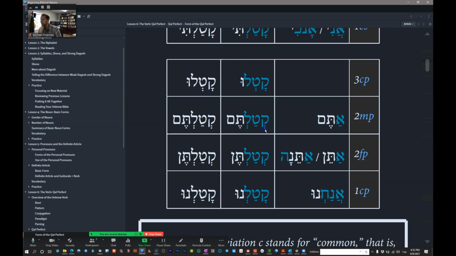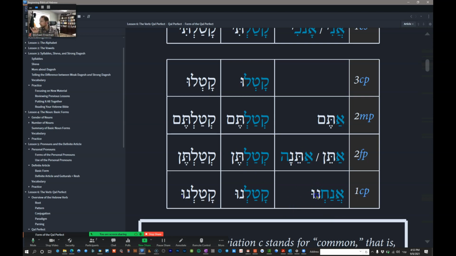It has to do with syllabification in Hebrew, which if you want to learn more about, I find helpful, but Futato does not really go into it because it can be overwhelming for elementary students. All you need to be paying attention to at this level is the suffixes. The suffixes will tell you what you need to know. So tem tells you 2MP, ten tells you 2FP, and nu tells you 1CP.